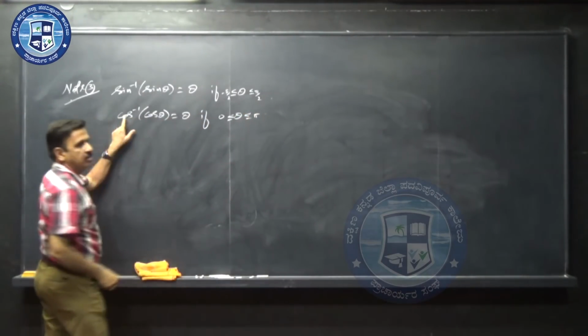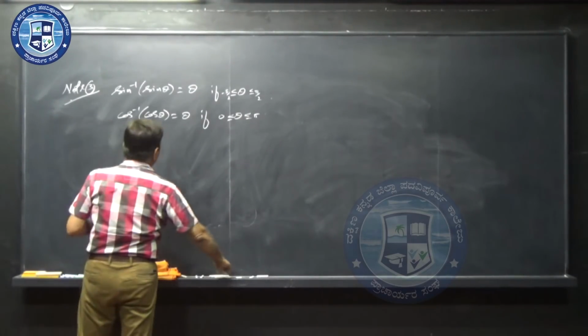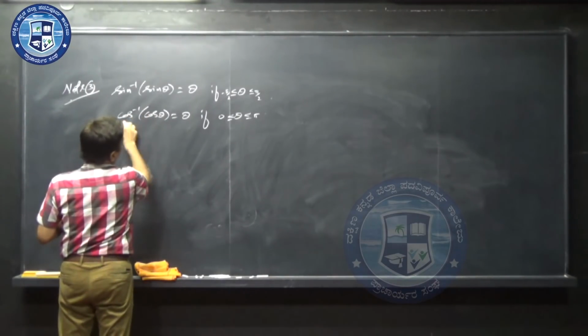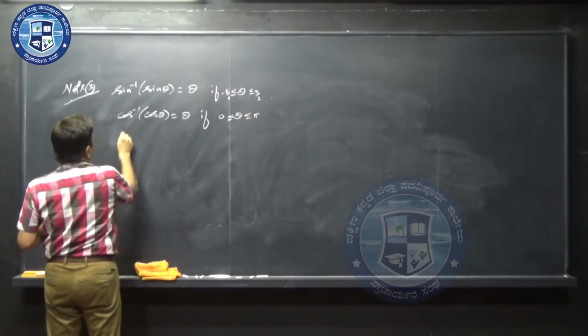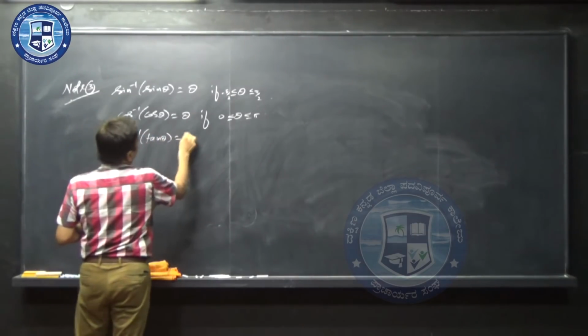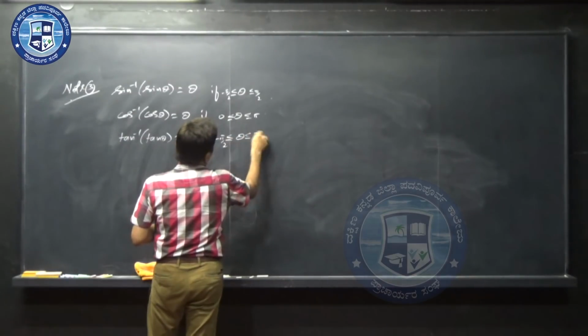The range of cos inverse is either the first quadrant or the second quadrant, so if this effect has to be nullified, theta must be between 0 and pi. Next, tan inverse of tan theta is equal to theta if theta lies between minus pi by 2 and plus pi by 2.